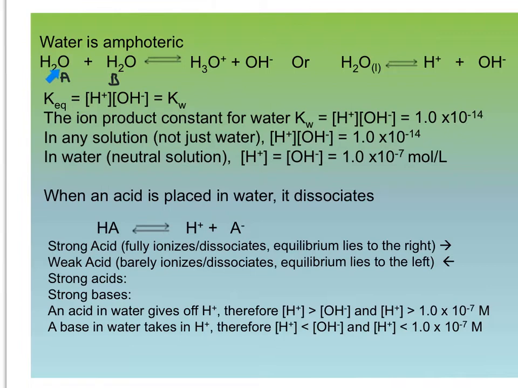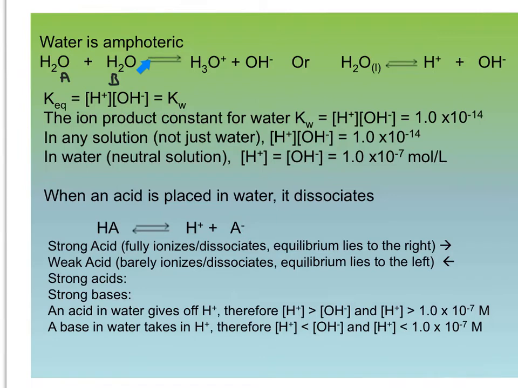An acid, according to Bronsted-Lowry, is a proton donor. So if this gave away an H plus, it becomes OH minus. And if this is a base, that means it accepts a proton. So if this took the H plus from this one, then it becomes H3O plus. And so a proton donor and a proton acceptor, which makes it both an acid and a base.